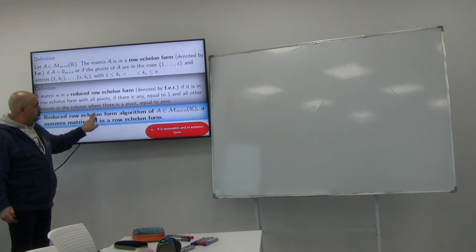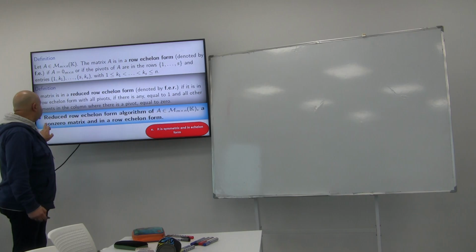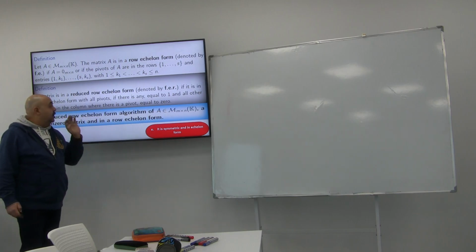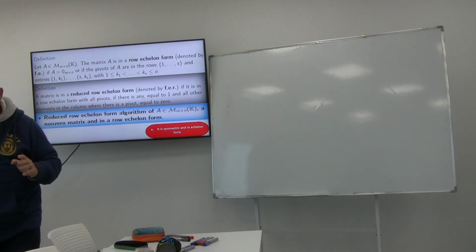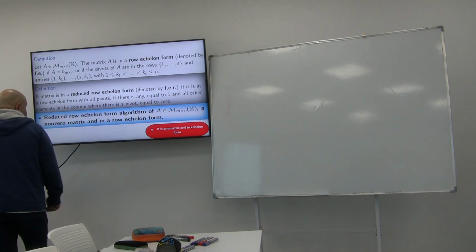The reduced row echelon form algorithm of A, which is n by n, applies to a non-zero matrix. This is why the previous statement is correct for echelon forms, but it's not correct for a reduced echelon form. This is the end of question 1.